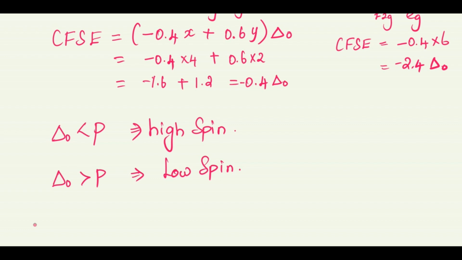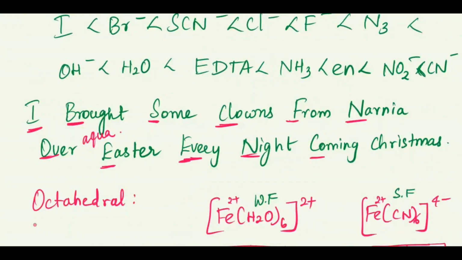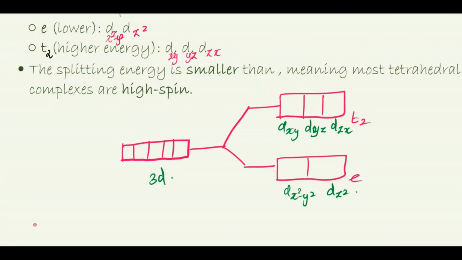Similarly, you can work on the tetrahedral part, where I am giving you the values. It's like plus 0.4 del tetrahedral and minus 0.6 del tetrahedral. Plus indicates the higher energy level, minus indicates the energy is getting lowered.